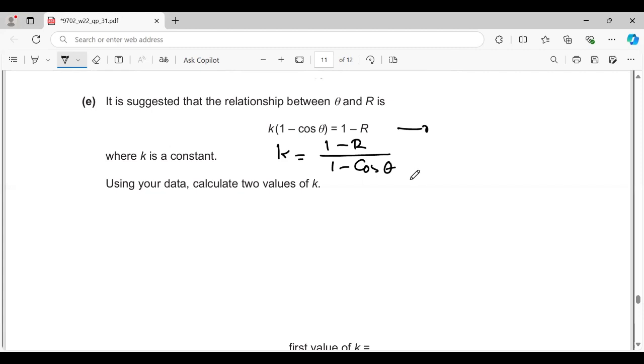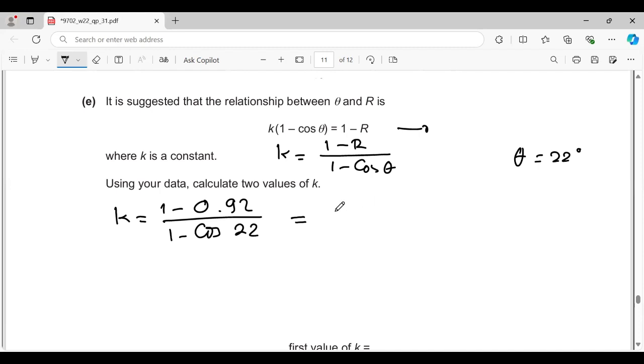Recall that theta is 22, so 1 minus r is 0.92 over 1 minus cosine 22.